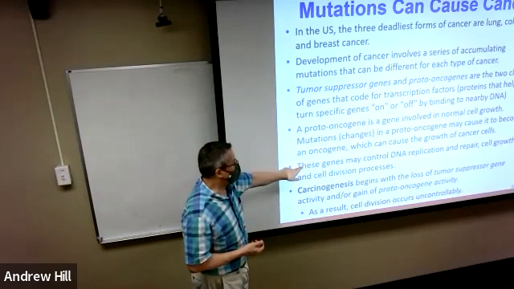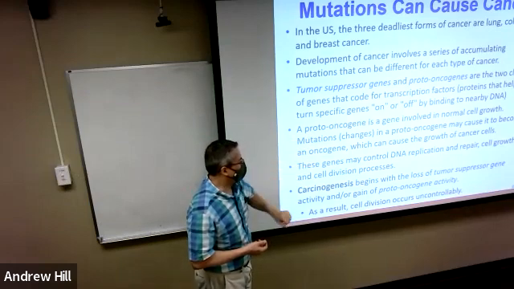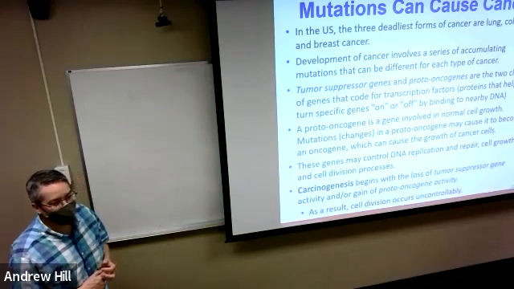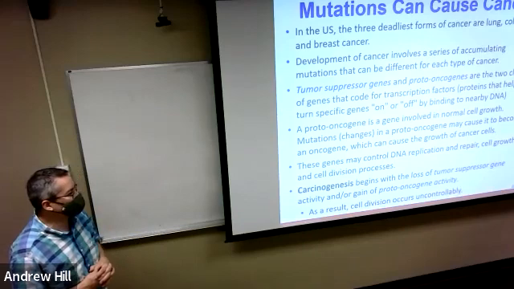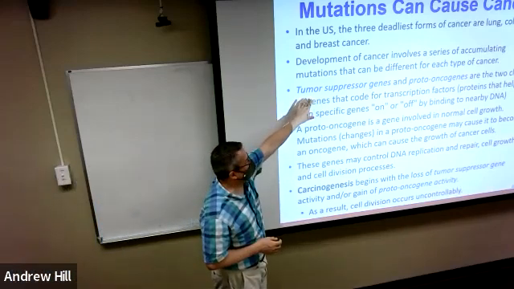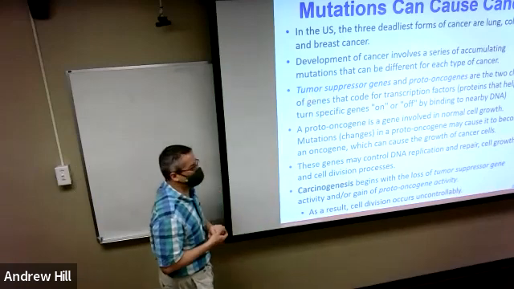Proto-oncogenes may control DNA replication, cell growth, and cell division processes. So those are all growth processes, right? The tumor suppressor genes are more inhibitory, in the sense that they're saying, hey, let's check out this DNA, make sure it's okay.